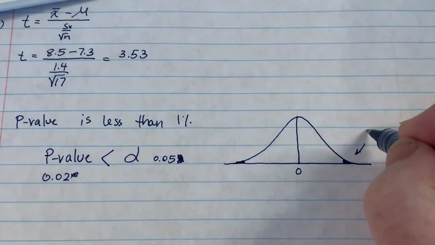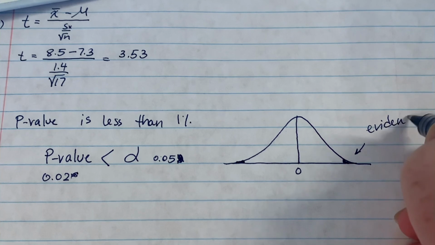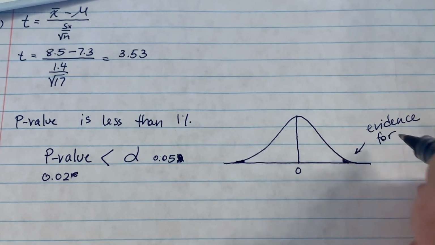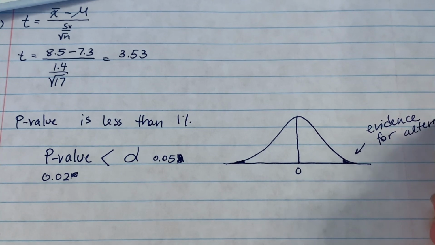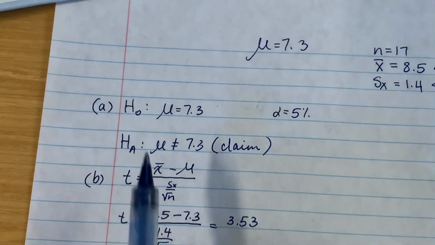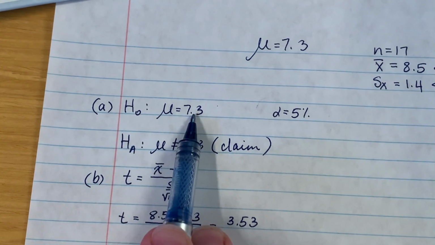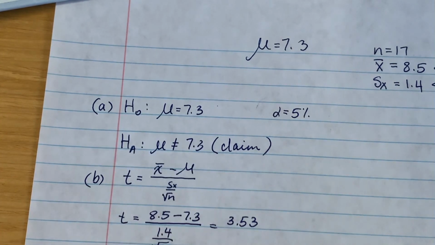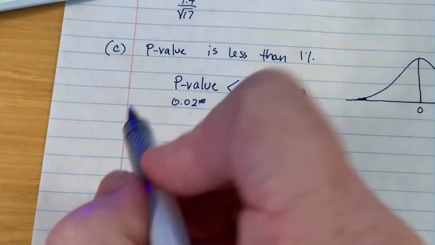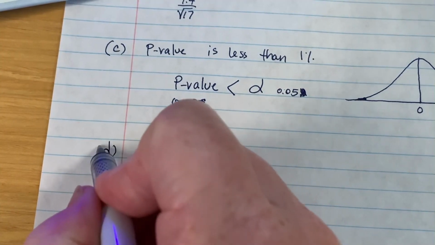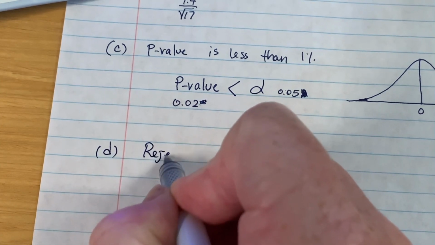So this is evidence in favor of the alternative. I can essentially reject my null, because the last part says make a decision. So for part D, we can reject the null.